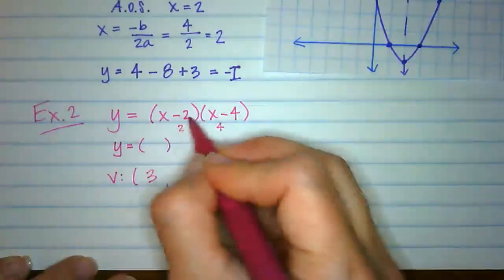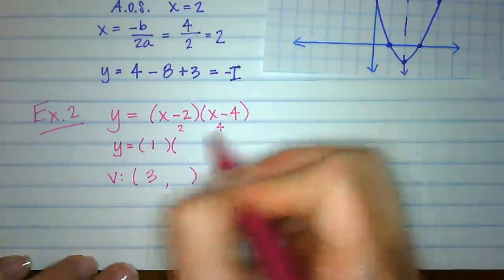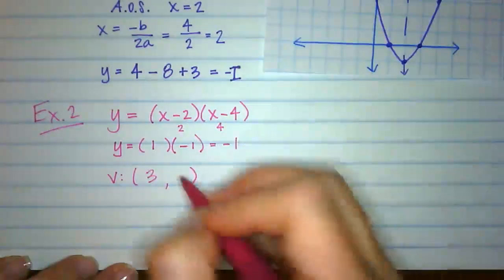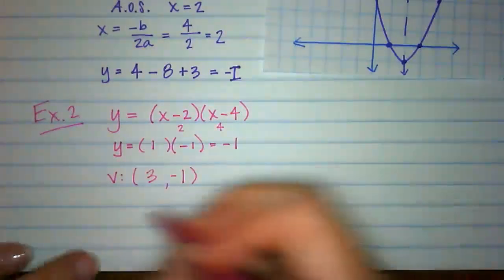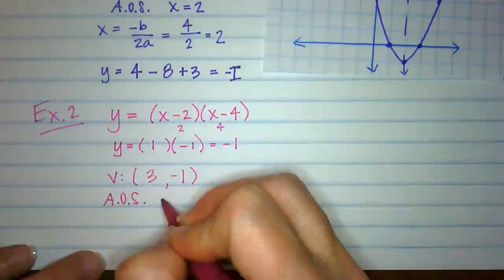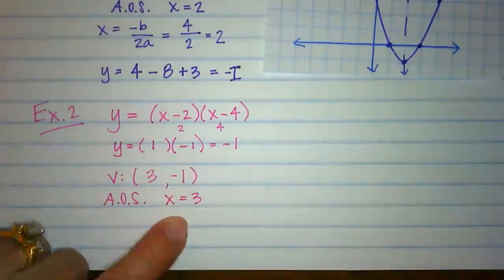So 3 minus 2 is 1. And then 3 minus 4 is -1. Multiply that, I get -1. So now I know the location of the vertex. And since I know the location of the vertex, I know that the axis of symmetry is going to go through x equals 3.